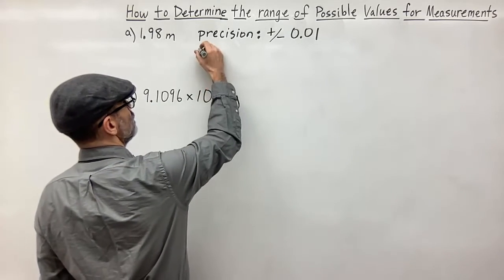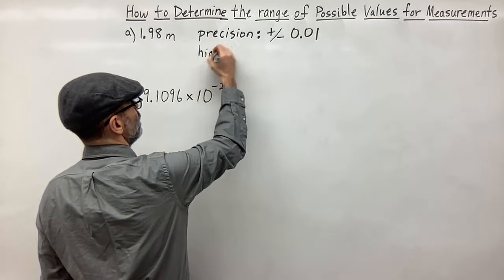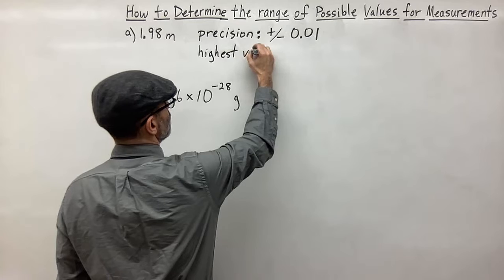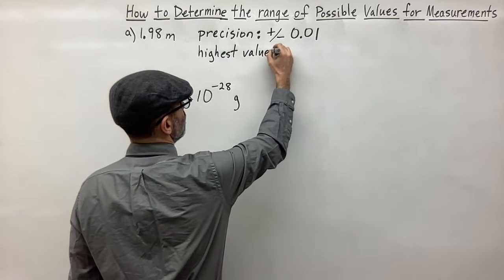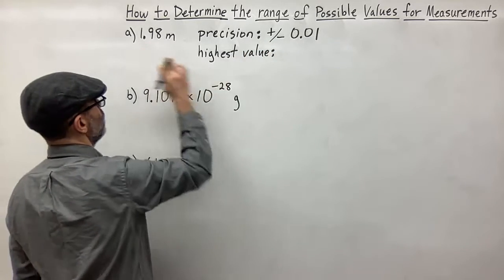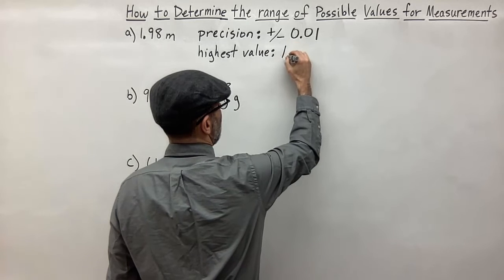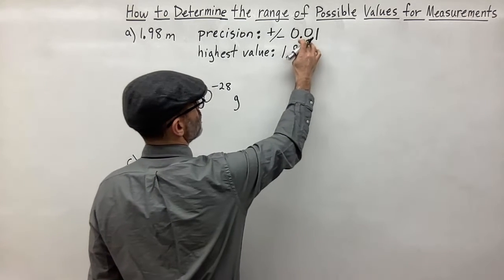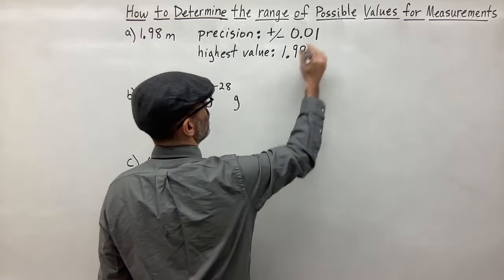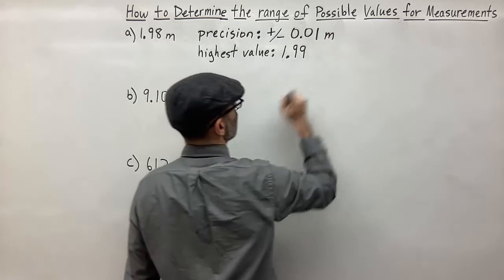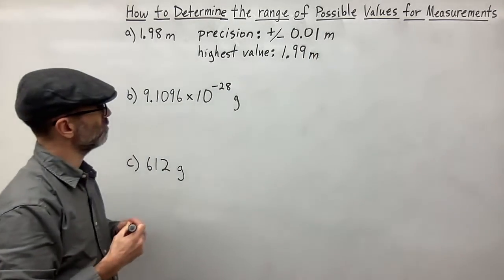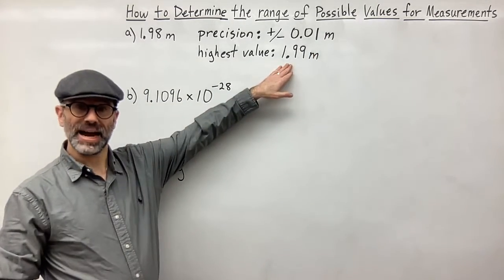So the highest value in the range is going to be 1.99 because I added 0.01 meters to the value. So that could be the highest value.